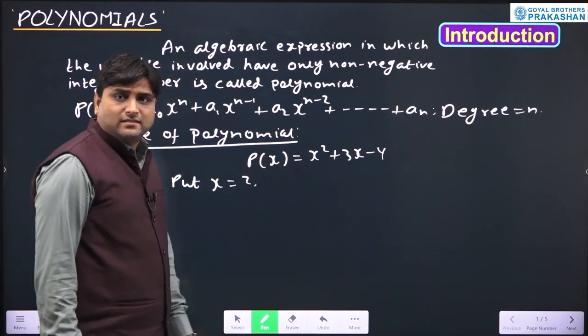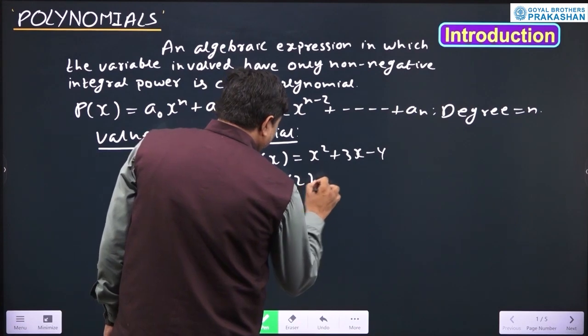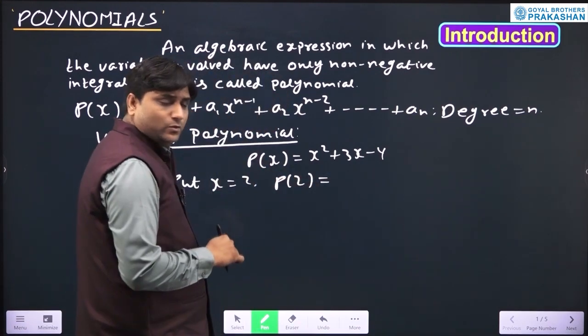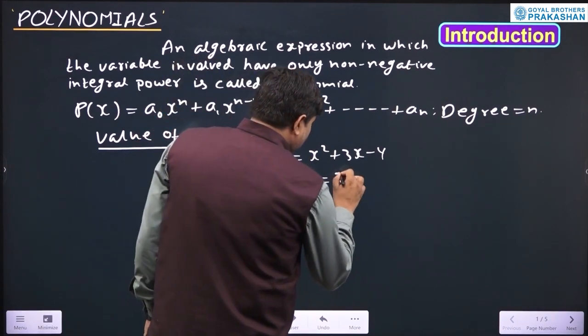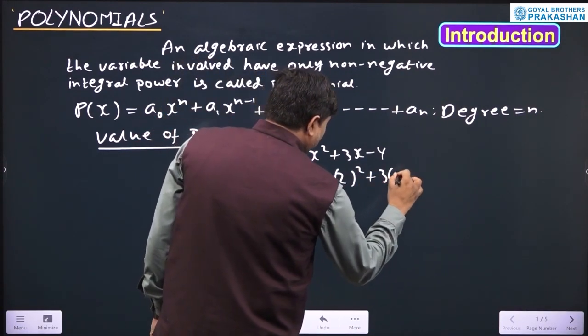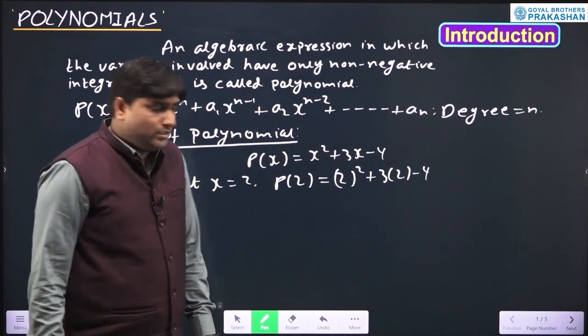In place of x, I am going to put 2. Then we can say P of 2, in place of x, I am putting 2. P of 2 is equal to 2 square plus 3 into 2 minus 4. Everywhere in place of x we have to put 2.